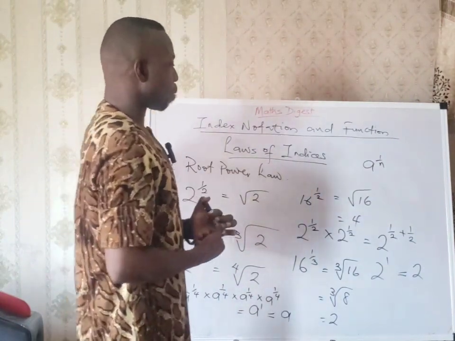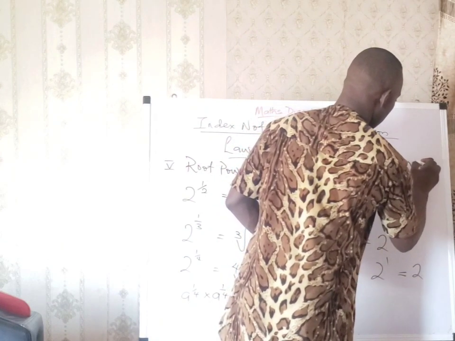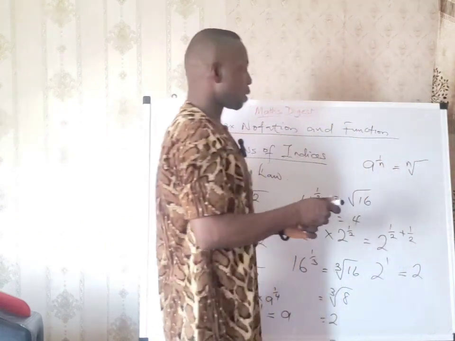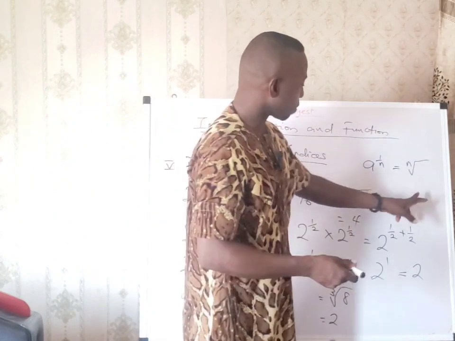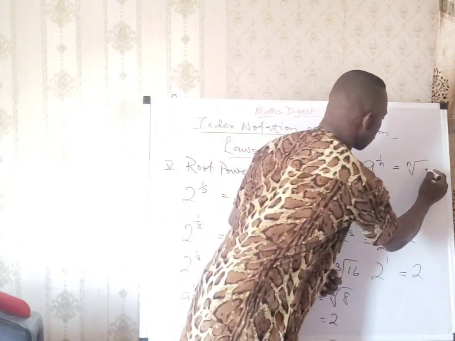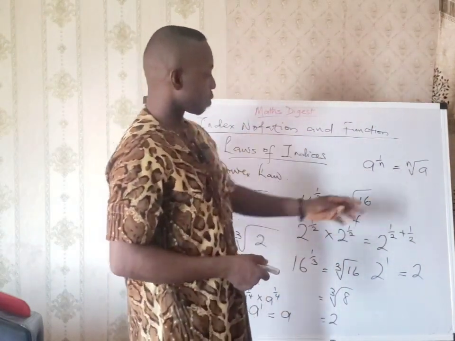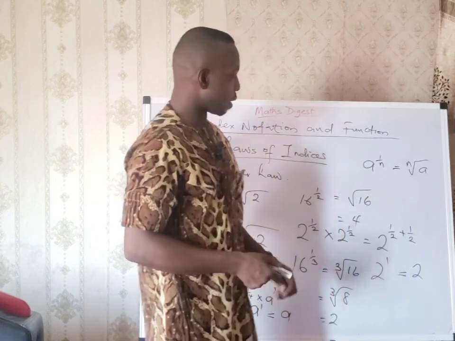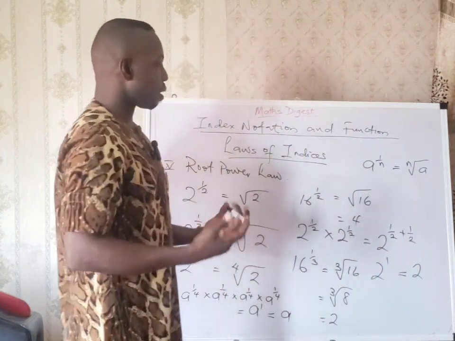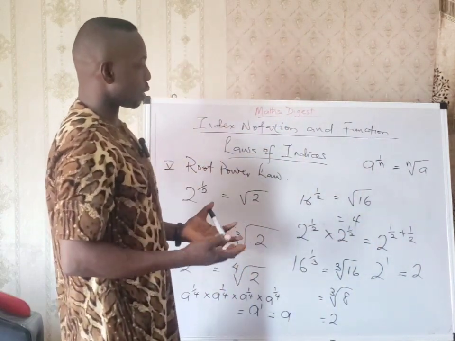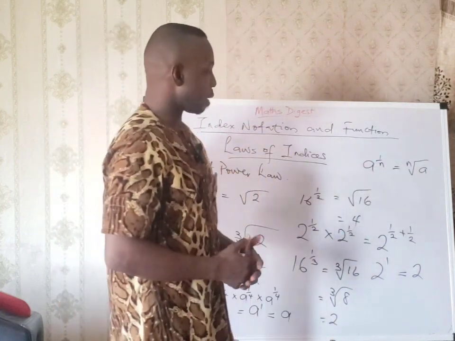What this simply gives you in general is the nth root, in bracket, and in that root you have a. Now, this a may be 2, 3, 4, or other numbers, and this n as well can be any number.